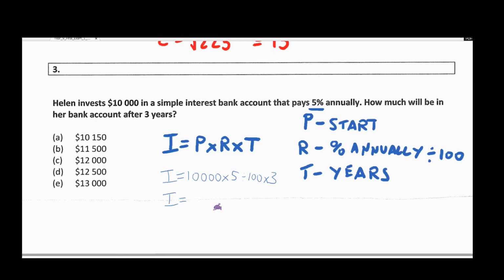So our interest is equal to, now we can type that straight into the calculator. 10,000 times 5 divided by 100 times 3 is 1,500.